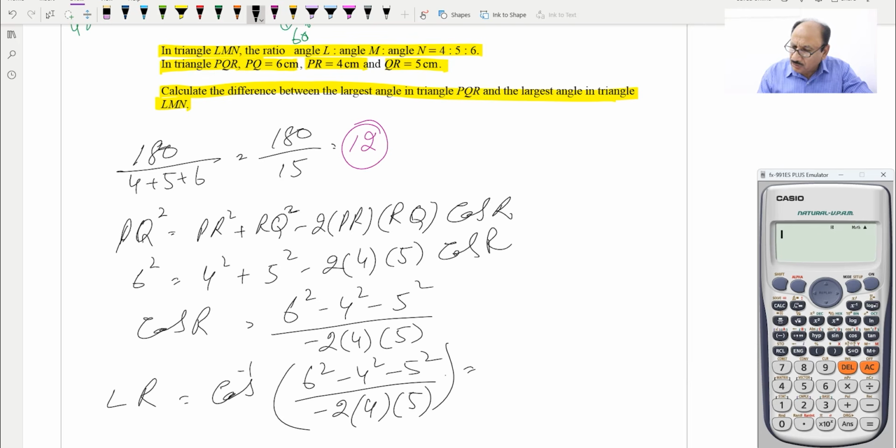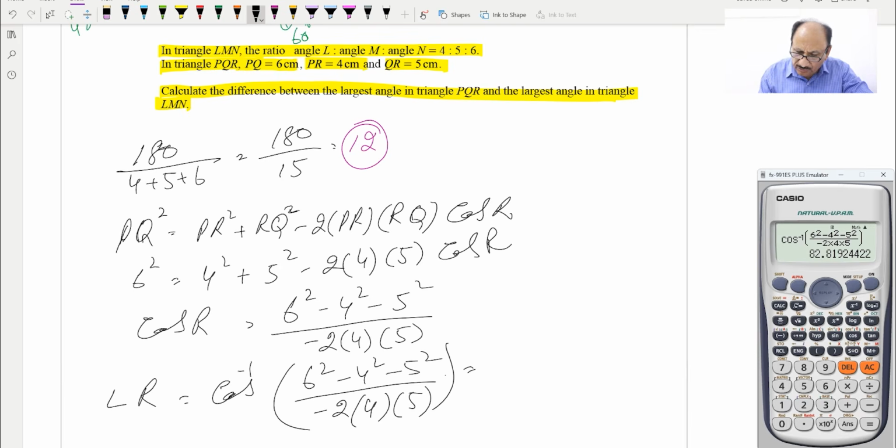So we take cos inverse of the fraction, 6 square minus 4 square minus 5 square over minus 2 into 4 into 5, bracket closed, and this is equal to 82.819.